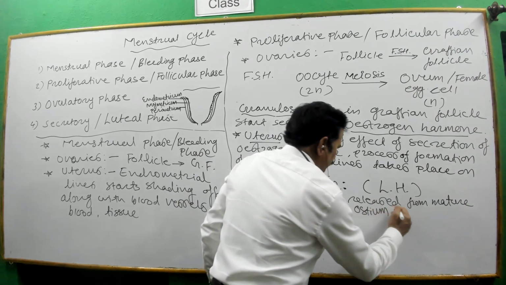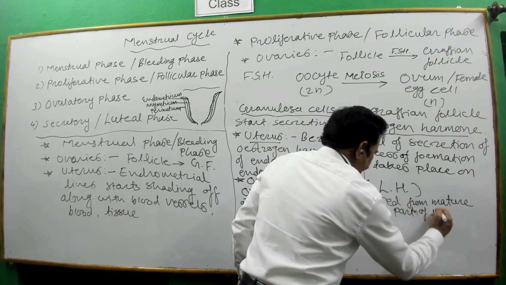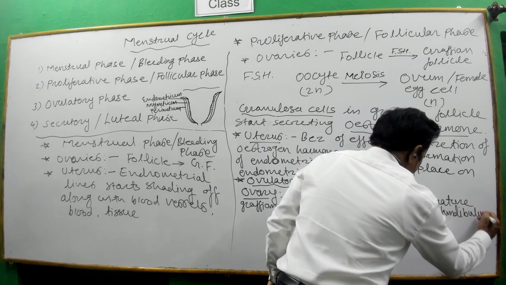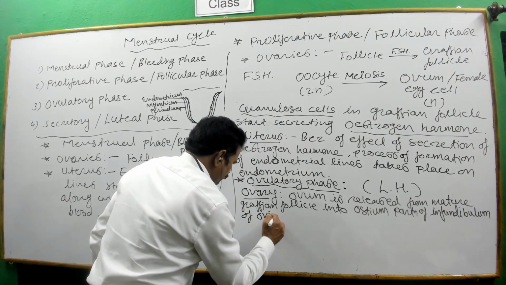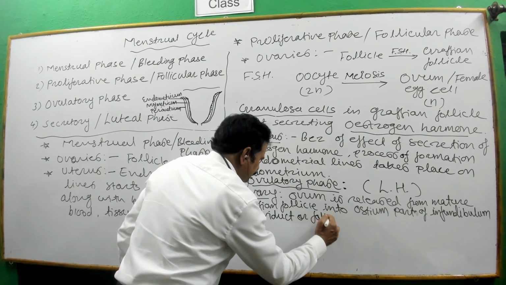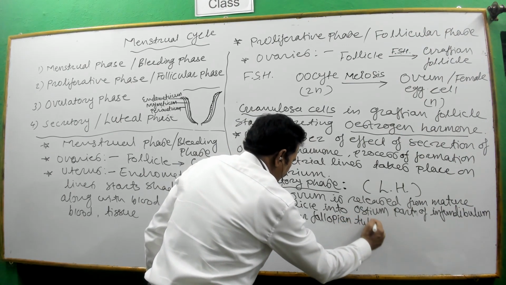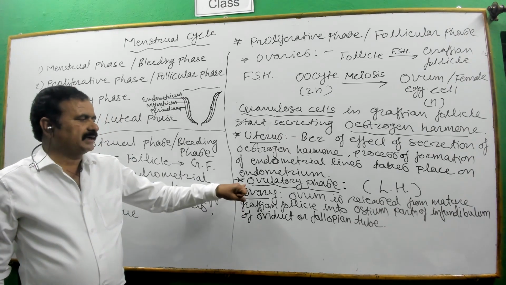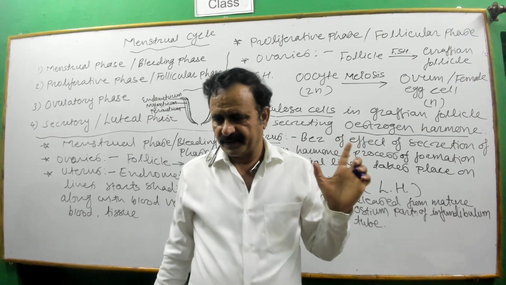Ostium part of the infundibulum of the oviduct, or it is also called the fallopian tube. Clear? This phase is called the ovulatory phase, right?